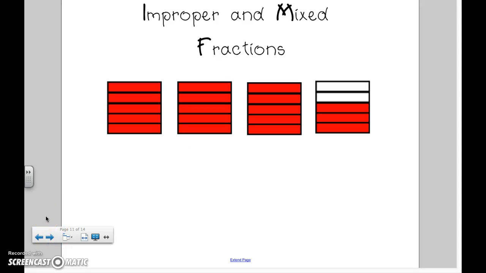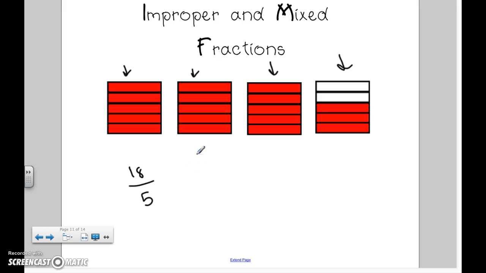Okay, let's look at this one. What is this split into? 1, 2, 3, 4, 5. Each one of these is split into 5 pieces. So that's going to be my denominator. Now, how many total pieces are shaded red is my numerator: 5, 10, 15, 16, 17, 18. 18/5.